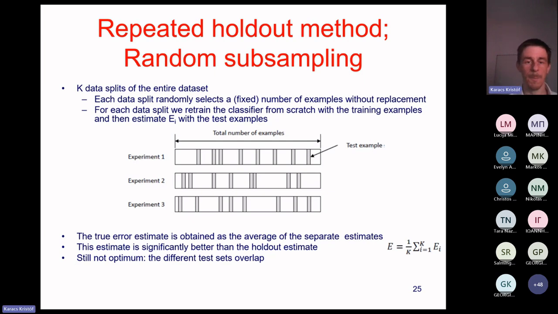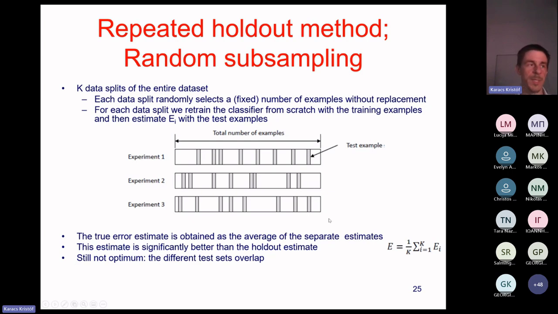And in these different runs, you always retrain your classifier on the different training sets, and then perform the evaluation on the corresponding test set.